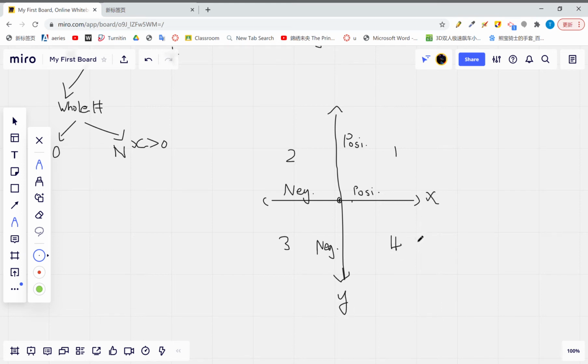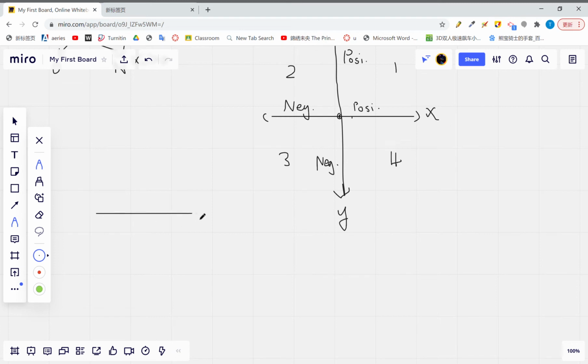Right? But today I'm going to introduce you guys to a new plane called the complex plane. So this is the real number plane. This is the imaginary plane. Right? So basically this is 1, this is 2.